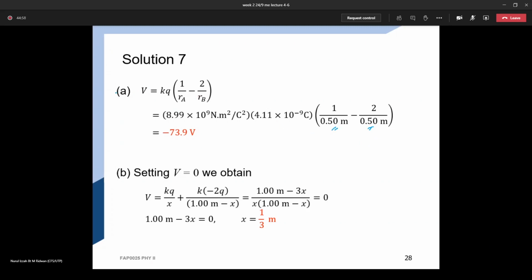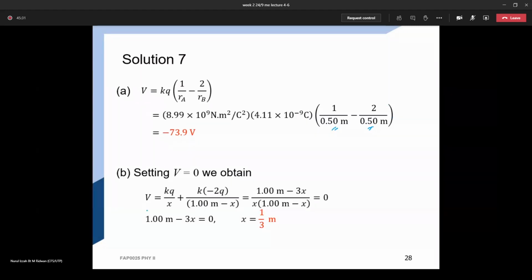So from charge 1 it should be KQ1 because it's positive Q. From charge 2 it should be negative 2Q. Then you can factorize Q outside, and have 1 and negative 2 in the bracket. So from here, proceed with the calculation, and you will get negative 73.9.